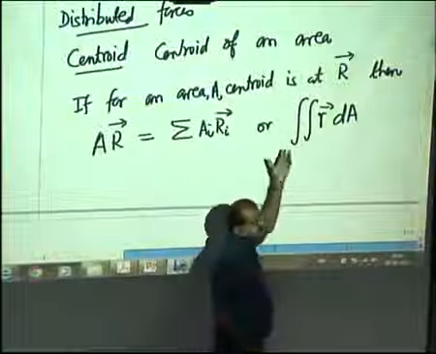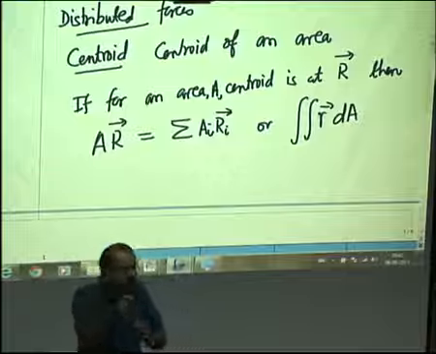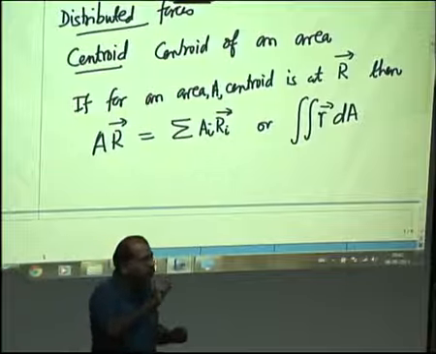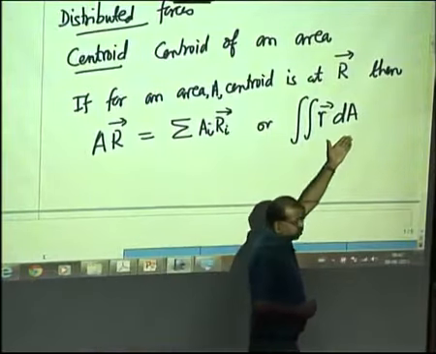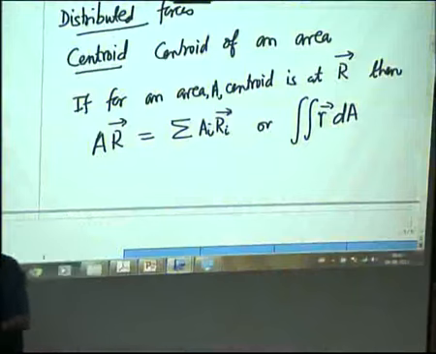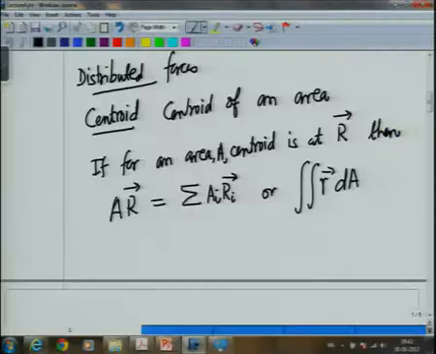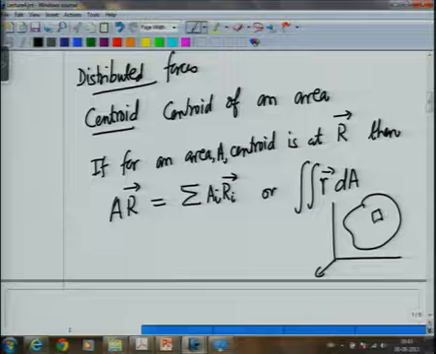Or actually, the more basic definition comes from choosing in an area an elemental area dA, and if its position vector is R, then we sum up over all these position vectors, and in fact that is how we get the formula. So maybe I can draw a small cartoon. If this is an area A, then we choose a small element of area dA.